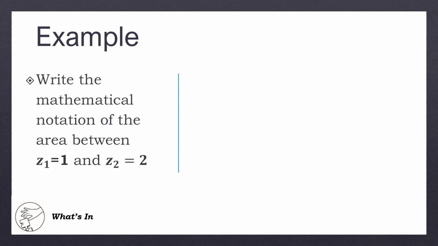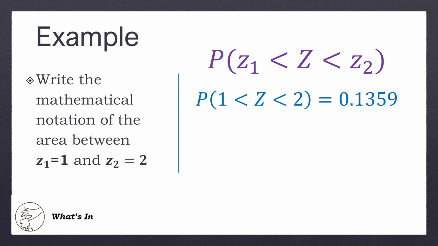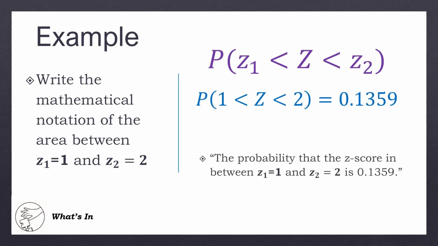For example, we write the mathematical notation of the area between z1 equals 1 and z2 equals 2. So we write the mathematical expression and change z1 and z2 to 1 and 2. This is read as the probability that the z-score is in between z1 and z2 is 0.1359.